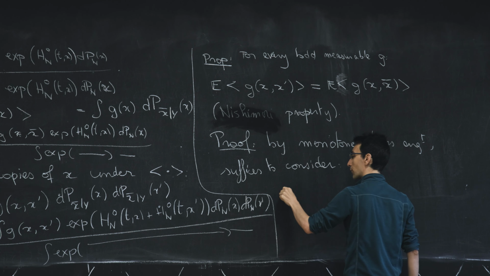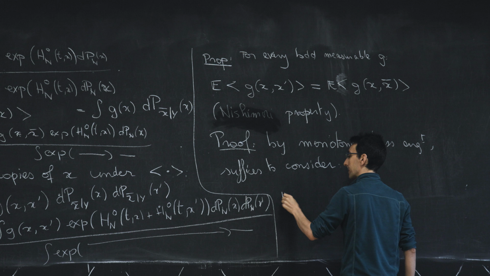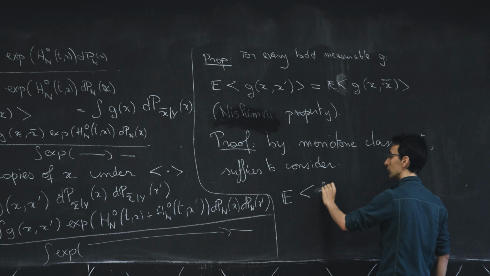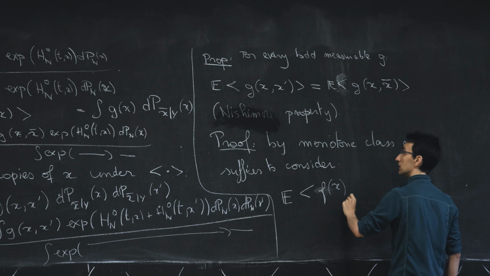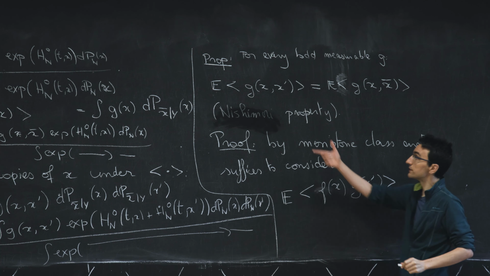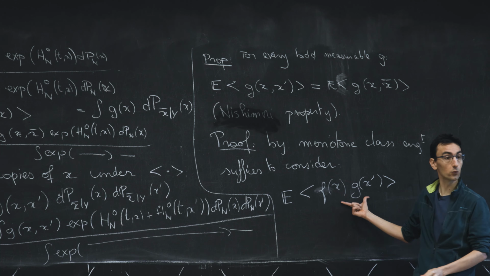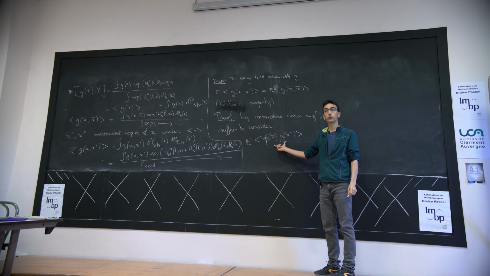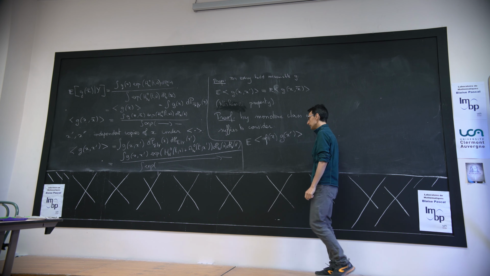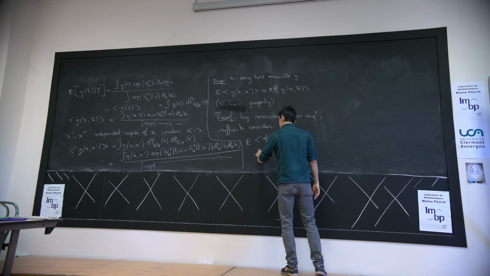So I'm writing the product case. Maybe I'm going to call it F, but we don't mess it up with the free energy. So instead of this general form, I'm going to only restrict to this form. I want to show the result for this function, and then you can extend by standard arguments. All right, so let me try to work on this.